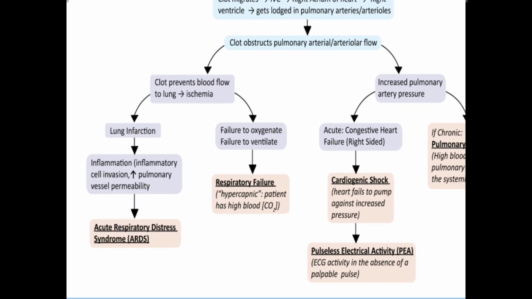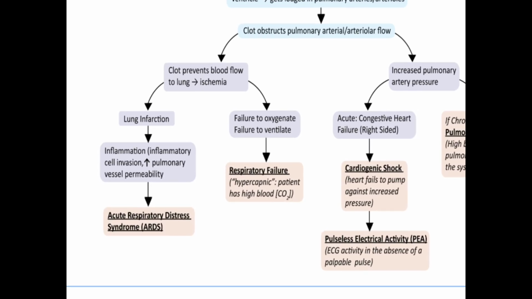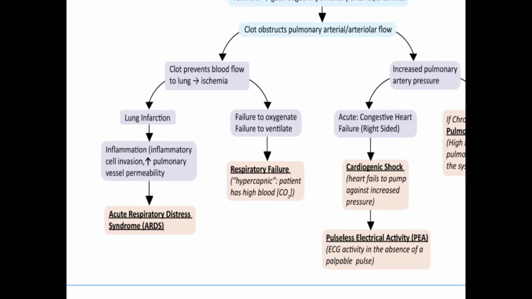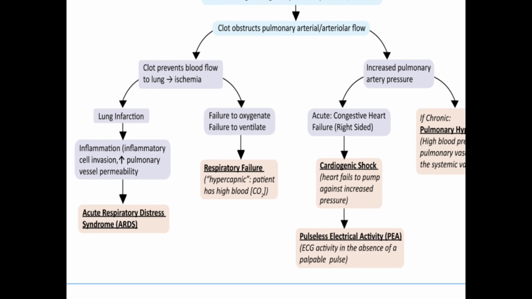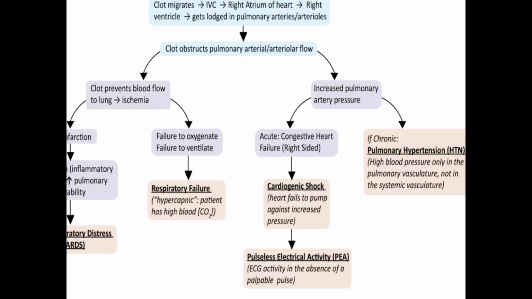If the clot prevents the blood flow to the lungs, it leads to ischemia, lung infarction, inflammation, which further leads to acute respiratory distress. And because of the clot there may be failure to oxygenate, failure to ventilate, and the patient will have respiratory failure.